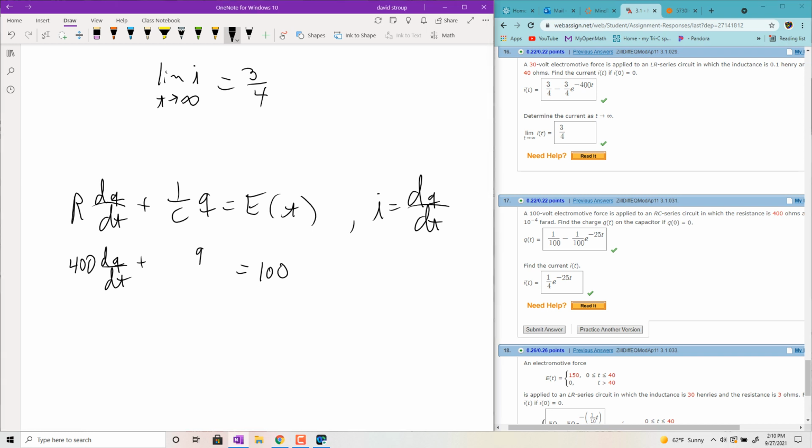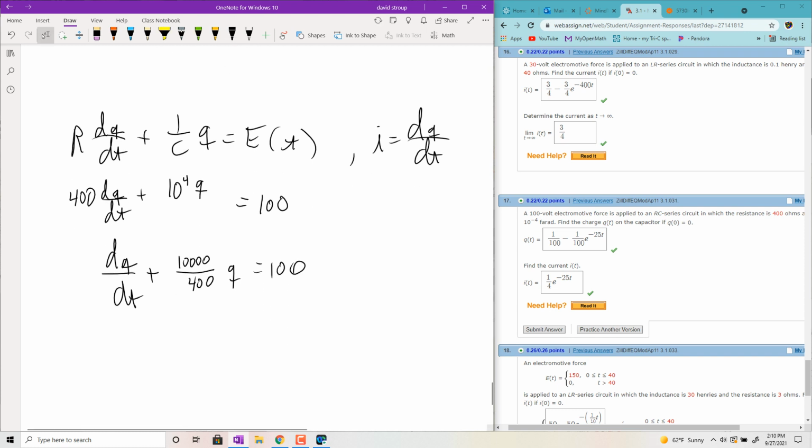So you get q all over 10 to the negative 4, but that'll just be 10 to the 4th if you take its reciprocal. Okay. Then you got to divide by the 400, dq over dt, plus 10 to the 4th over 400, q equals 100. 100 over 400, so that'd be 1/4 on the right.